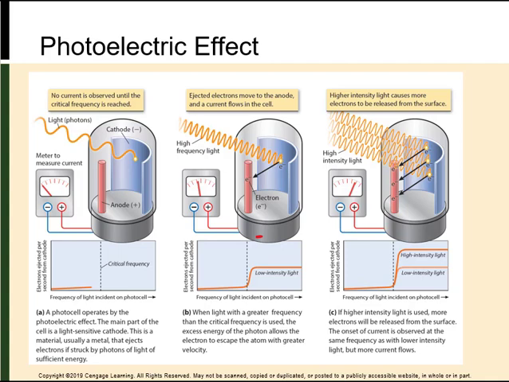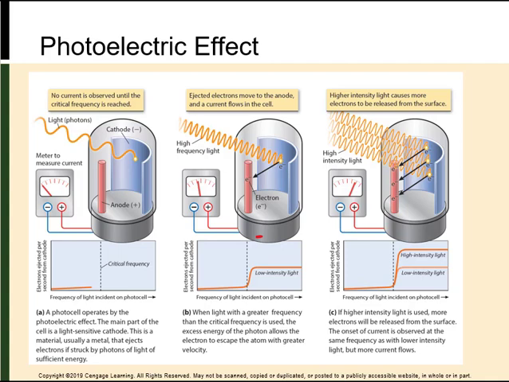So Einstein decided that the experimental observations could be explained by combining Planck's equation with a new idea that light has particle-like properties. Einstein said that these massless particles, which he called photons, are packets of energy, and the energy of each photon is proportional to the frequency of the radiation as defined by Planck's constant.